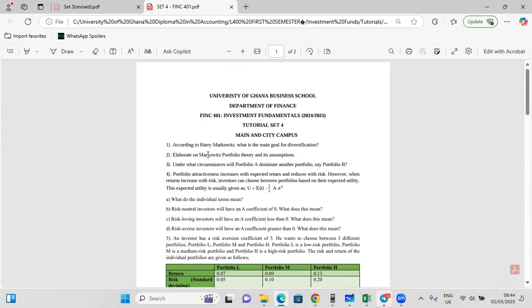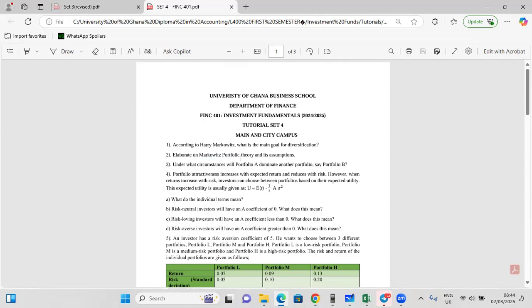So according to Markowitz, this man actually revolutionized how we think, changed how we think, right? By focusing on the benefits of diversification to reduce risk.